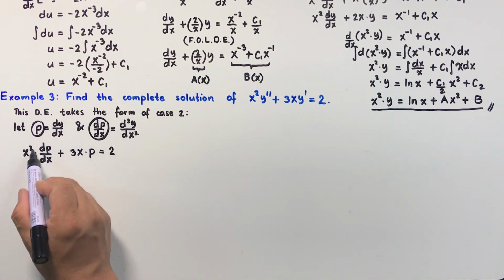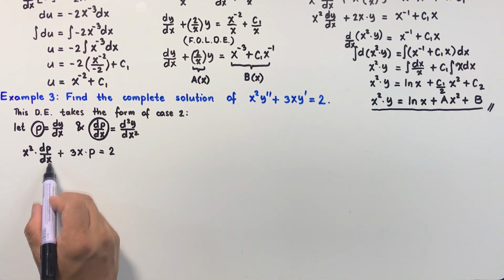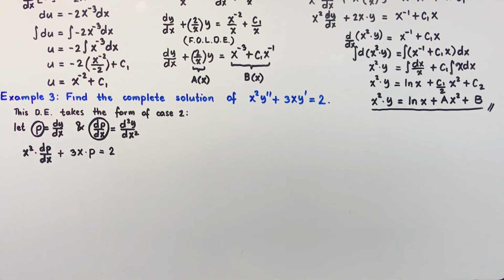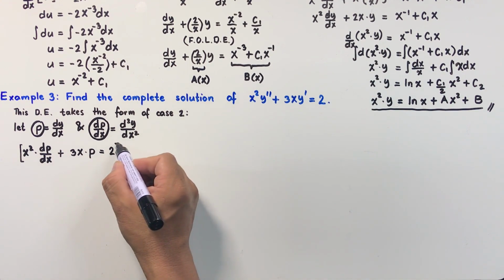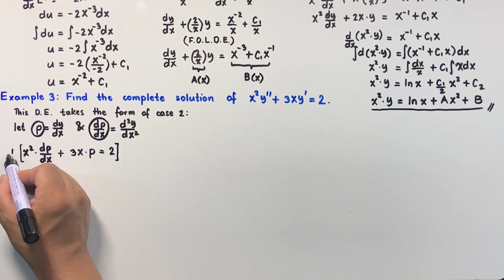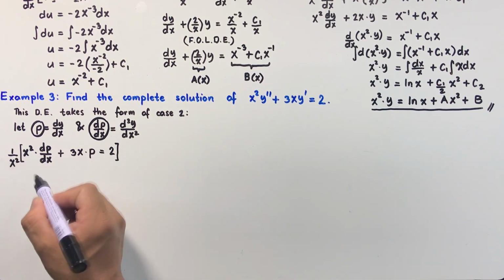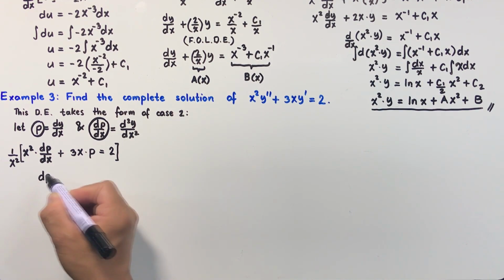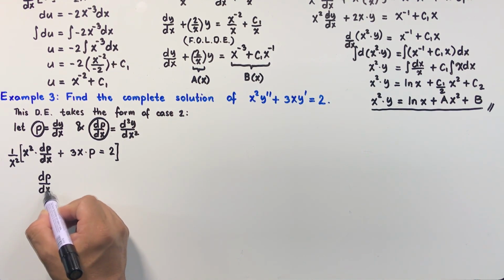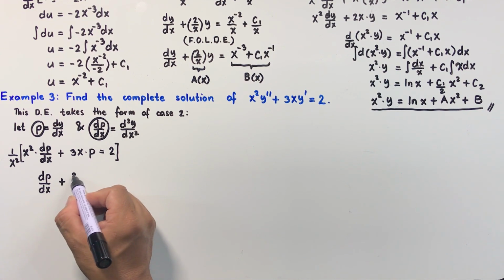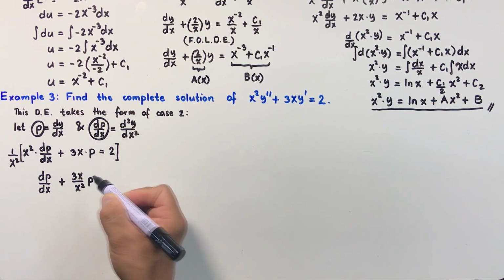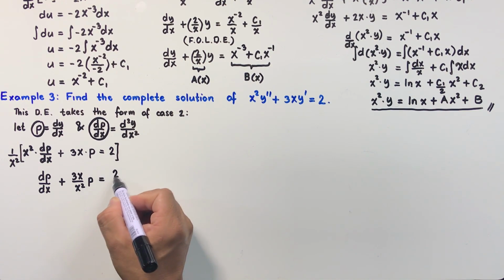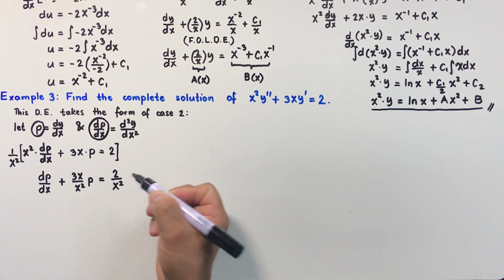Now to eliminate this x squared as a factor of the derivative of p with respect to x, we need to multiply both sides of the equation by 1 over x squared. So we have the derivative of p with respect to x plus 3x over x squared p, which is equal to 2 over x squared.